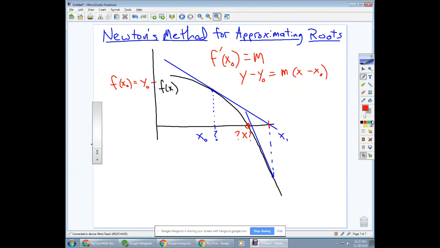So putting all of this together, what do I get? Well, I get that y minus f of x0 equals f prime of x0, that's the slope, times x minus x0. That's the tangent line, this one right here.